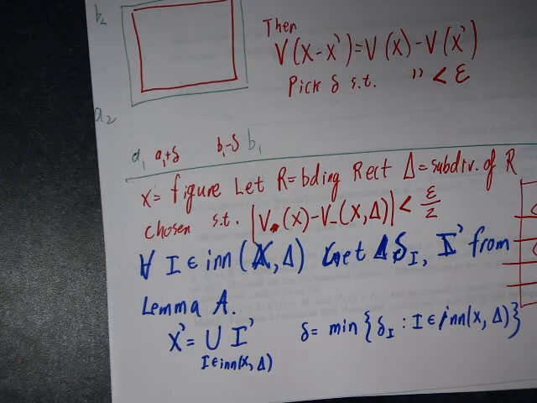and now let's see. If I take the volume of I prime, that's really close to the volume of I. That's like one of those things that we proved in that lemma. And there are only finitely many.